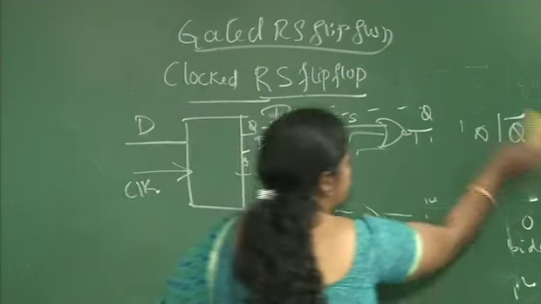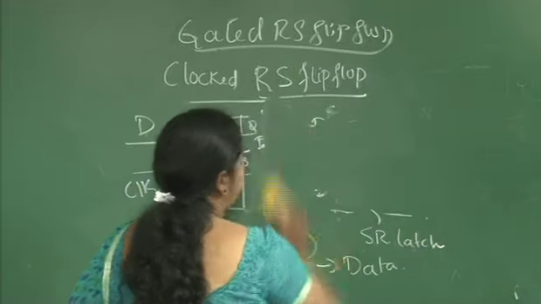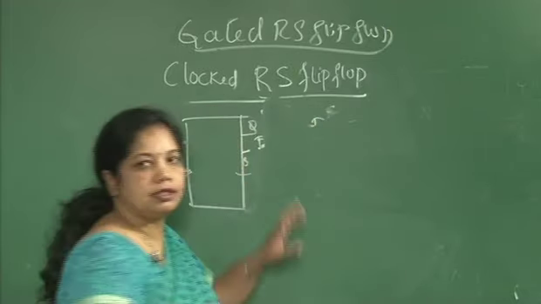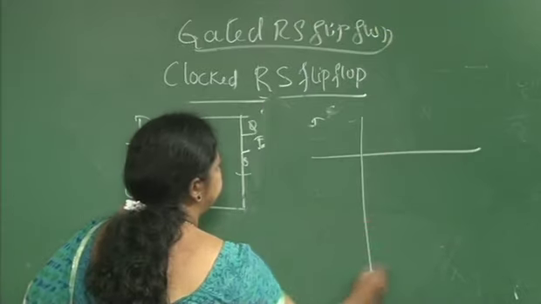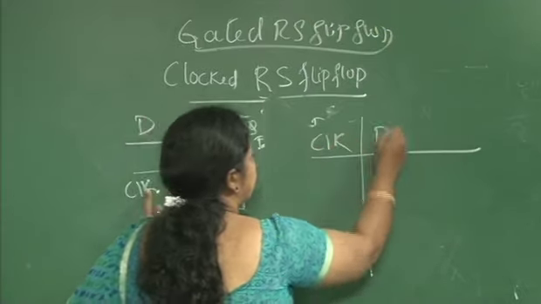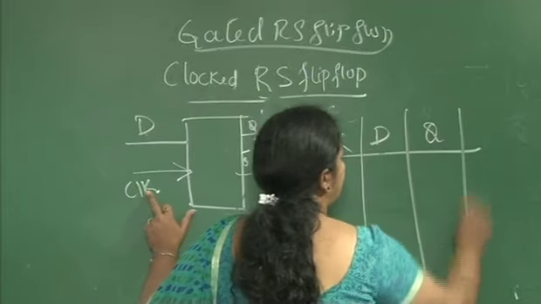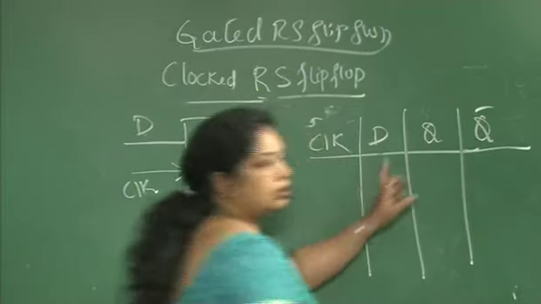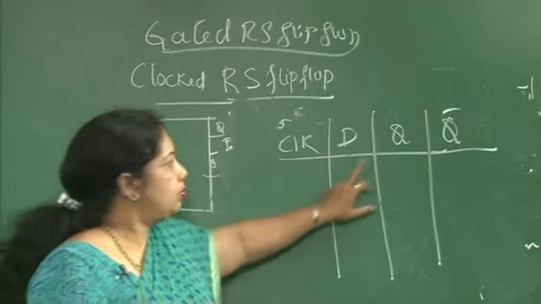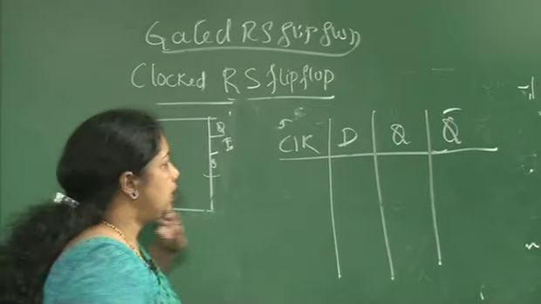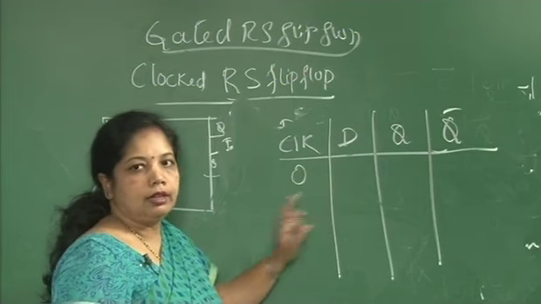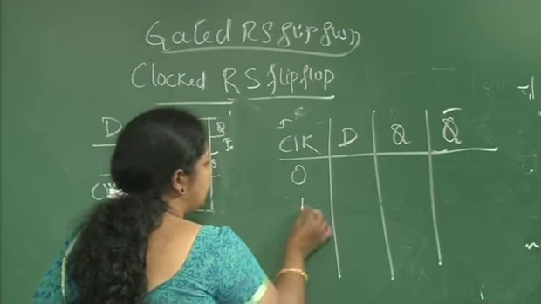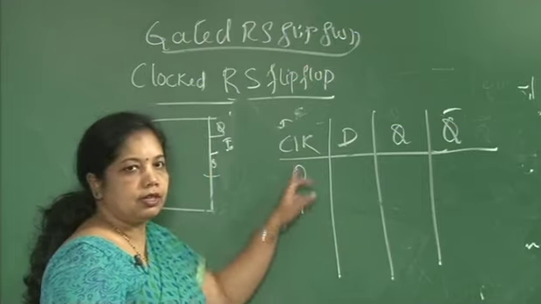So let us write the truth table for D flip flop. How exactly does this D flip flop work? Whenever I apply clock, D input, Q and Q complement is the output of the flip flop. So whenever my clock signal is 0 and whenever I apply my clock signal as 1, let us discuss.